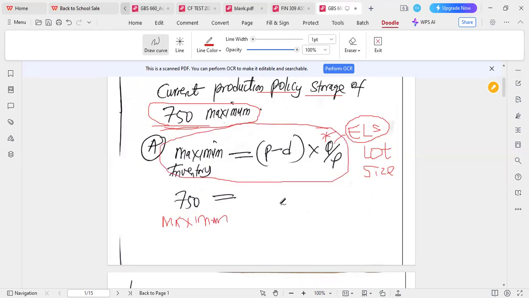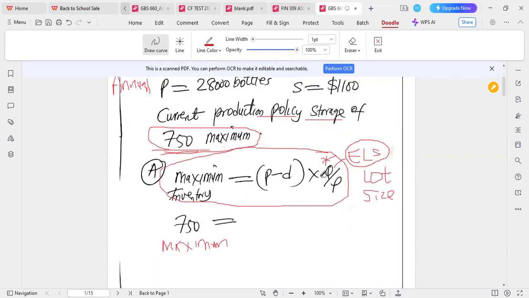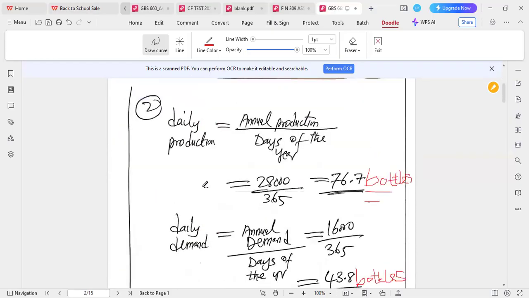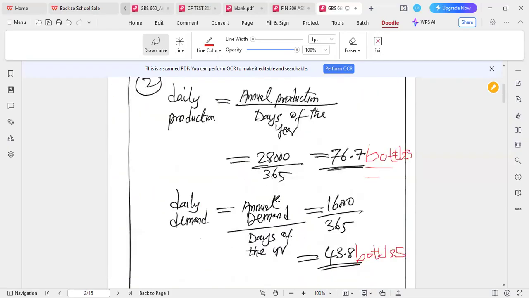All right. So first, the small p is our daily production, and small d is our daily demand. Daily production is annual production over days of the year: 28,000 divided by 365, which gives 76.7.